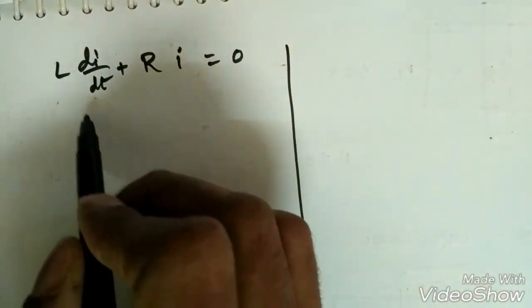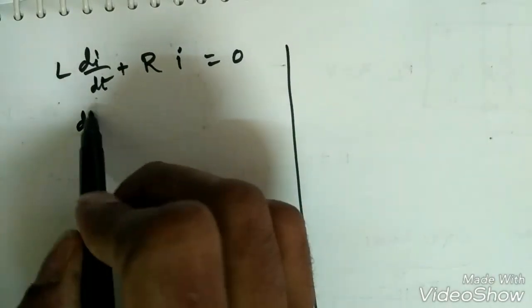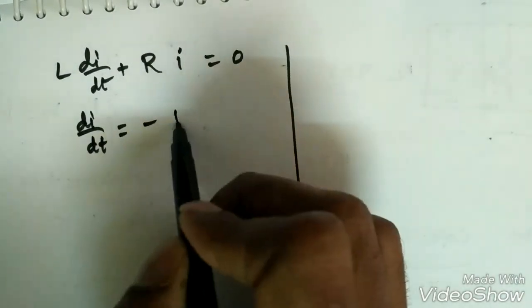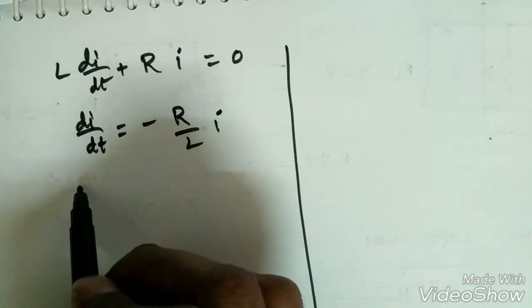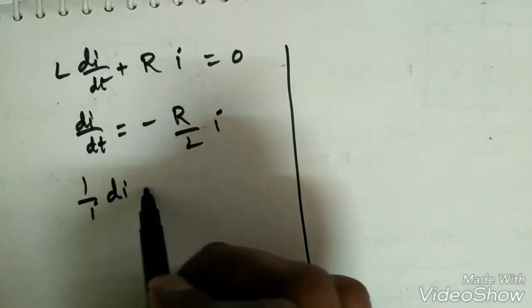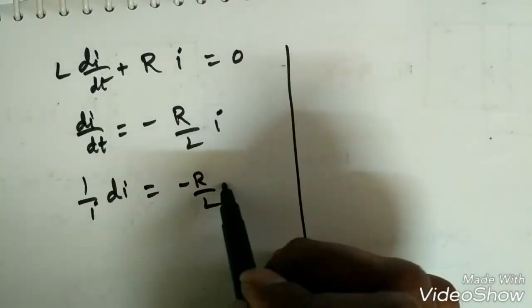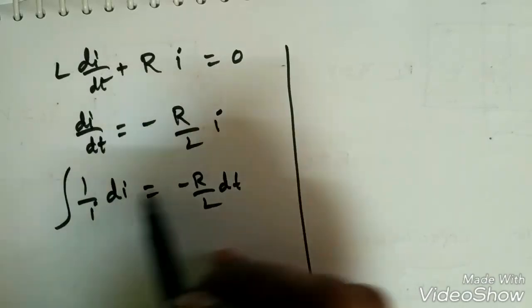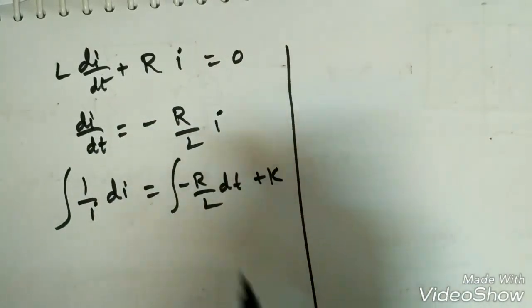Again it is a simple variable separable method. So di by dt is equal to minus R by L I, so 1 by I di is equal to minus R by L dt. If I integrate both sides, I get a constant k.